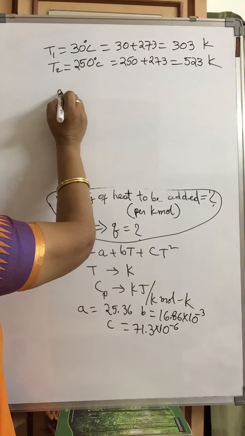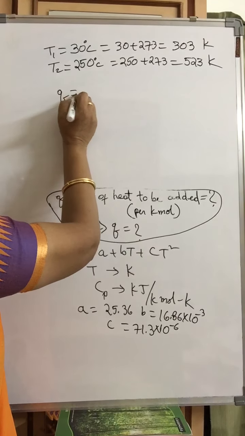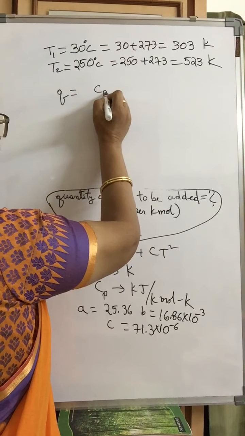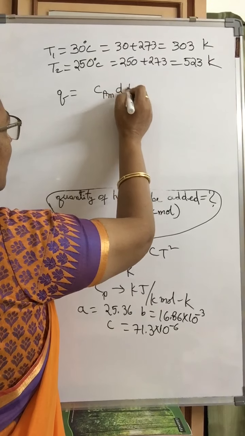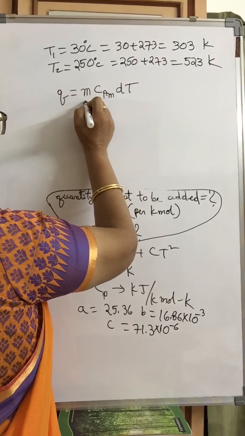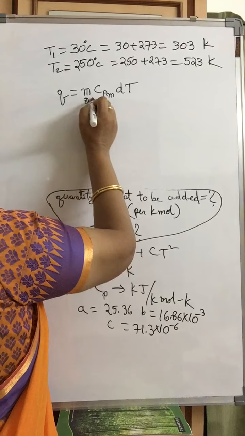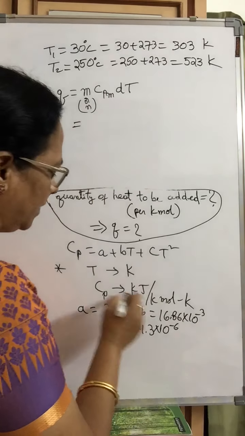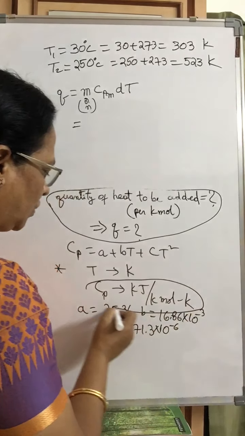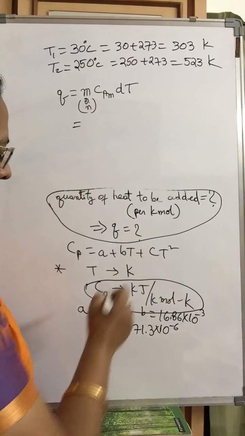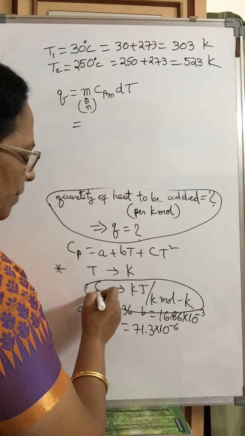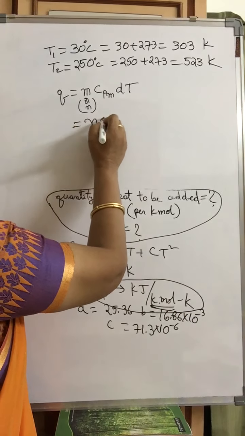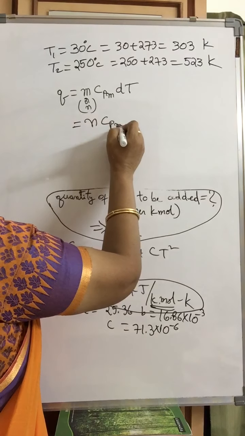For that purpose, you take the equation Q is equal to m Cpm dT, or n here, depending on what I already explained in the previous classes. Please check the unit of Cp. Cp unit is per kilomole. Therefore, you take n Cpm dT.